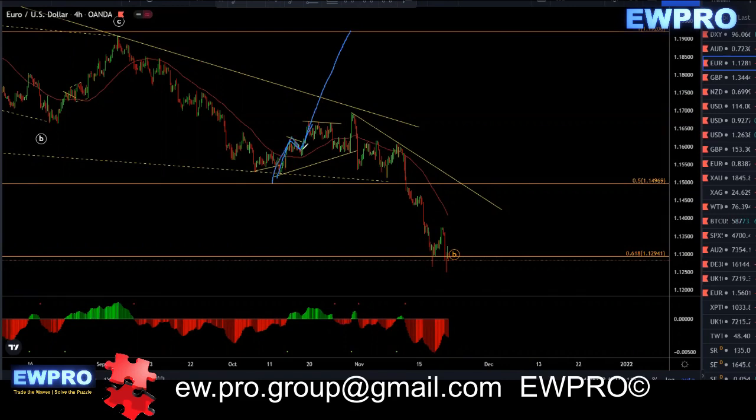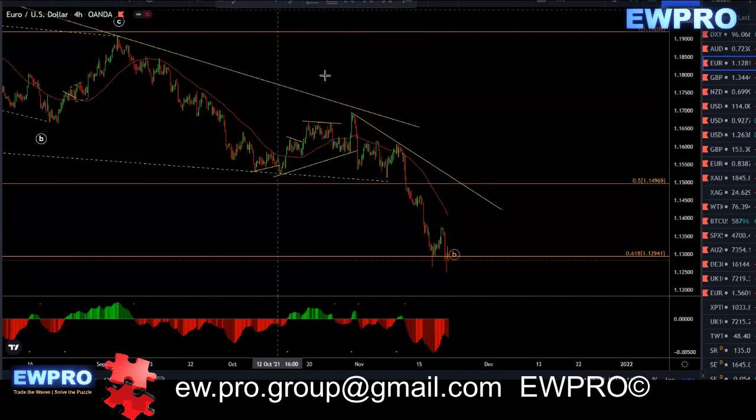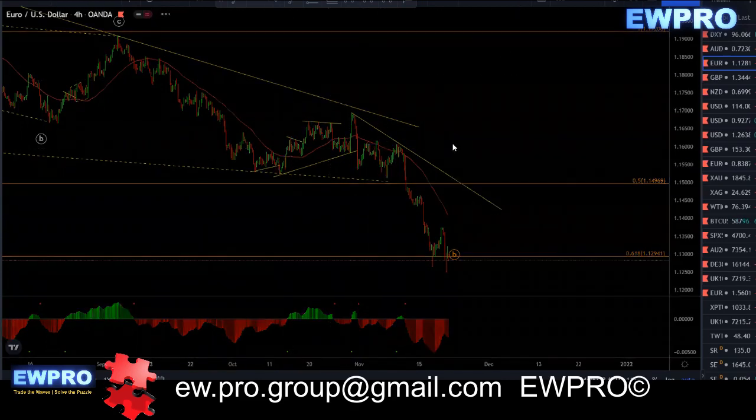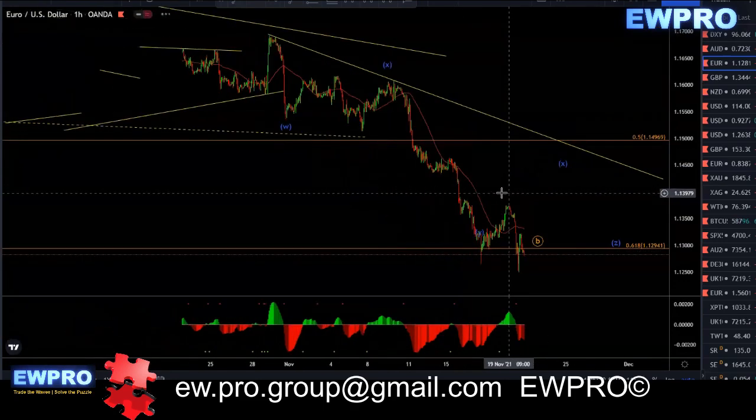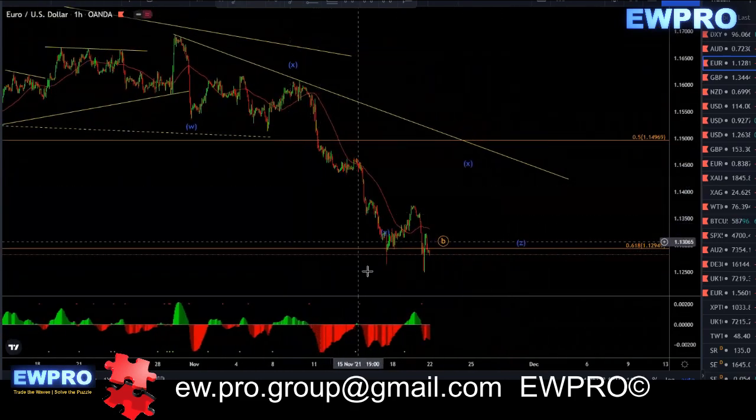Instead, it gave us this really choppy move up in here. And then it gave us this sell in here for downside. We don't have any bullish divergence, so you can really only look for sells at this stage. On the H1, I'm looking for that X2.